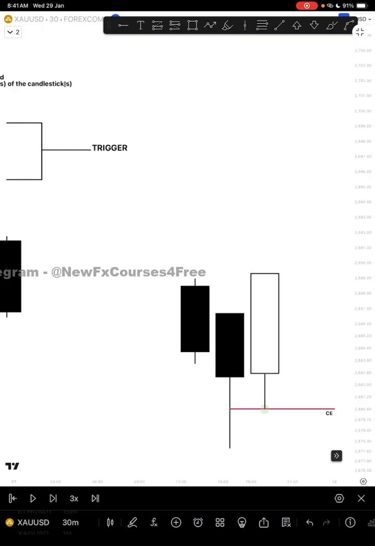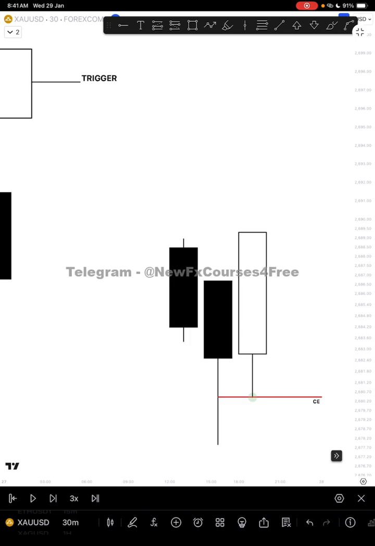So here is an example of a bullish rejection block. Bullish rejection block is when the market popped below an old low, tapping into a specific level and created a long wick, showing sign of bullishness.